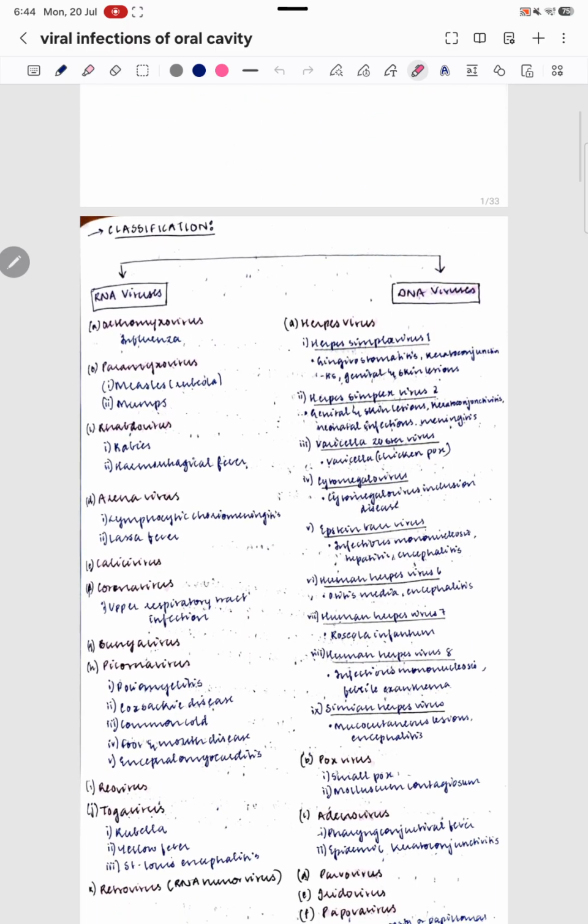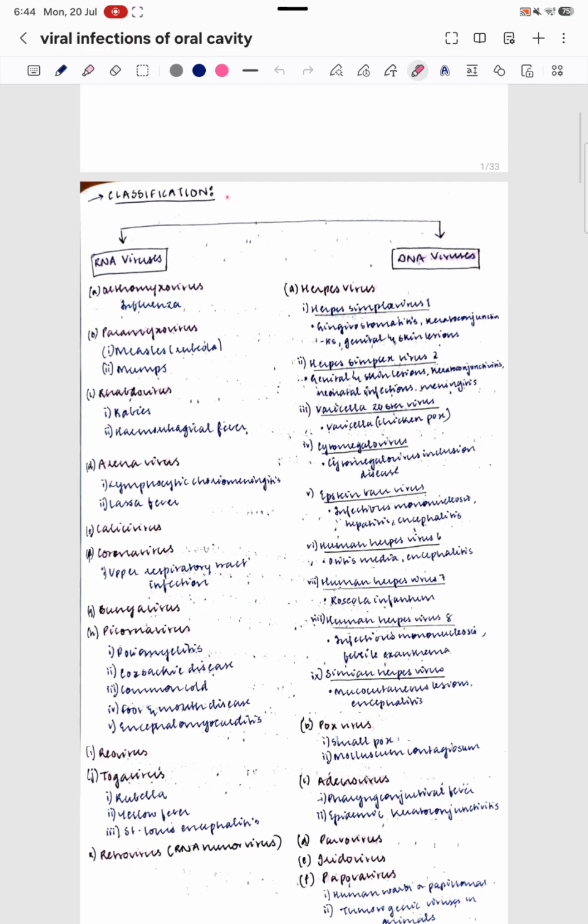Now coming to the classification, this has been asked as a 10 marker. Viruses are broadly categorized into RNA viruses and DNA viruses.